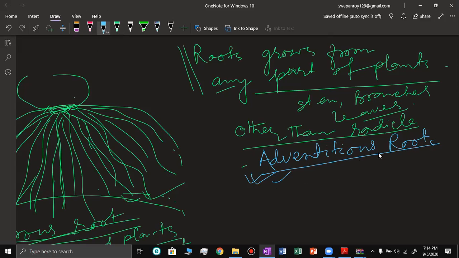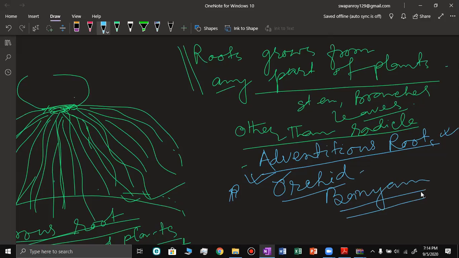It can be found in any of the plants, either monocot. In case of orchid, we can see adventitious roots. We can get adventitious roots in the banyan tree, which come out from their branches.